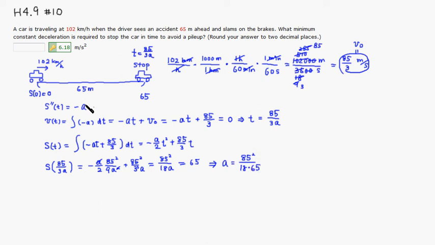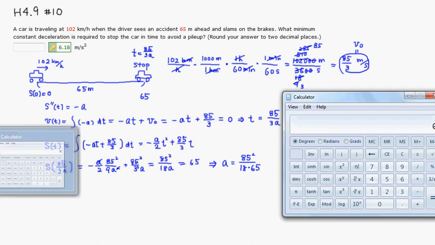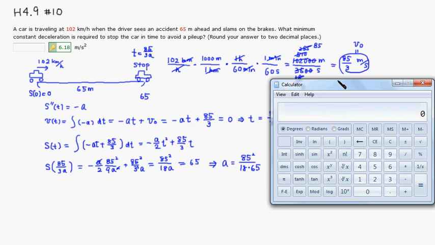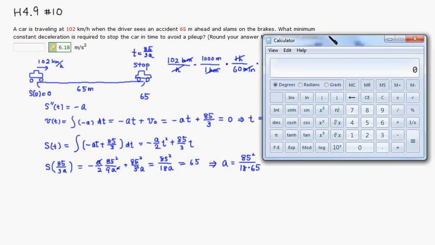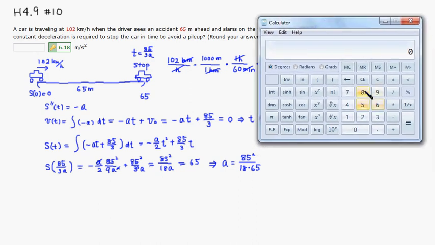Right, so I'm going to cheat a little bit. I'm going to bring out a simple calculator. All right, so you have a calculator here. Right, I'm going to compute this. So 85, square that, divided by 18 first, and then divided again by 65, right?